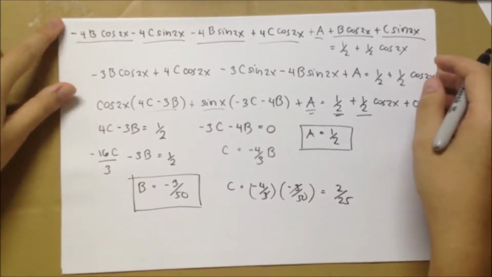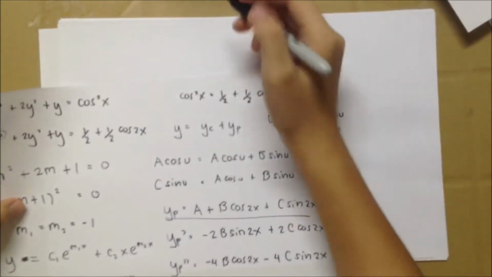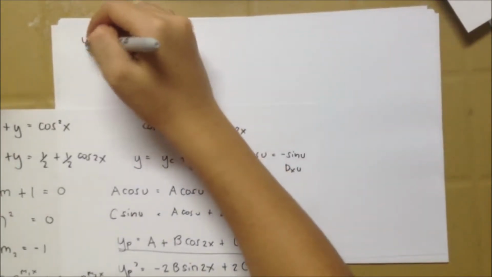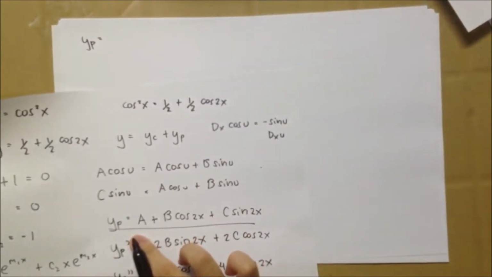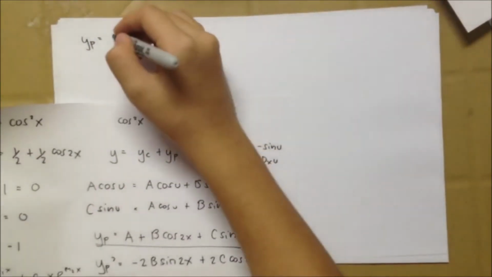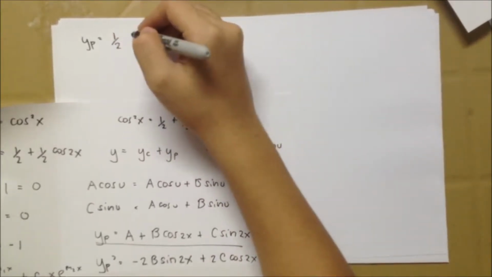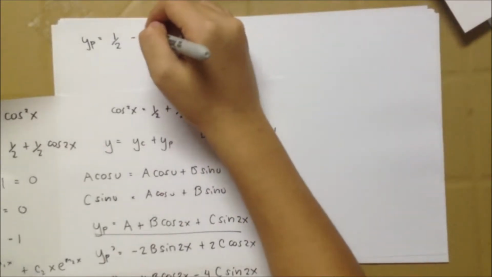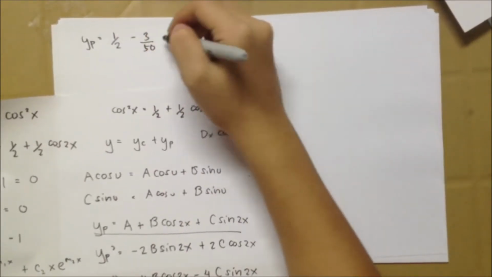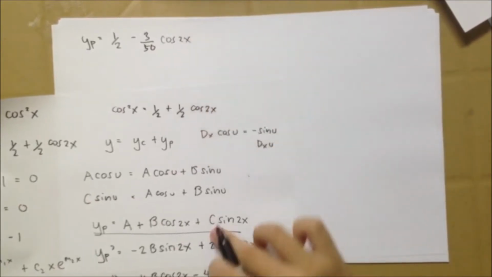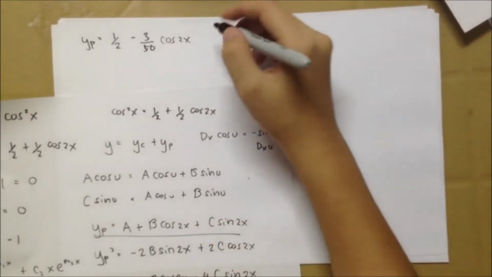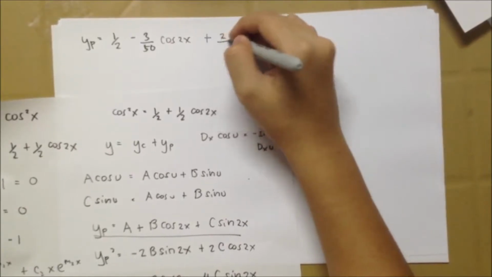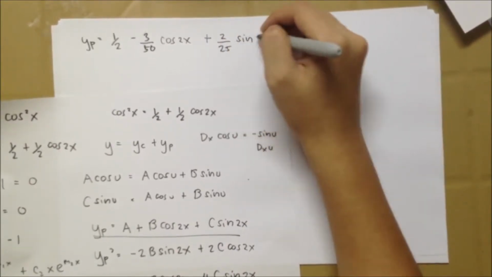Thus, our particular solution, so we go back to the form of our particular solution, which is this one. Our yp is equal to a, and remember that the value of our a is 1/2, plus the value of our b, remember that it was negative 3 over 50 cosine of 2x, and the value of our c was 2 over 25, so plus 2 over 25 sine of 2x.